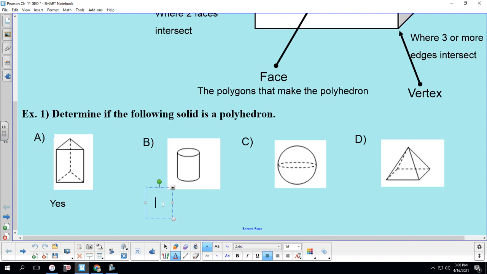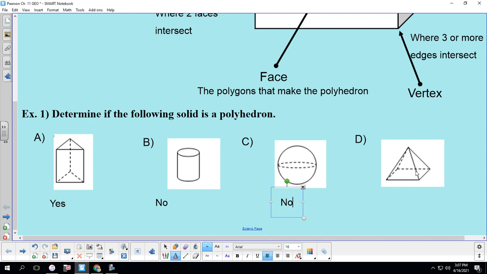The answer is no, because polygons are bounded by edges and they meet at corners, and a circle is not at all a polygon. We look at this sphere shape here and we ask, are there edges? Is there a face? The answer is no, it is not a polyhedron.